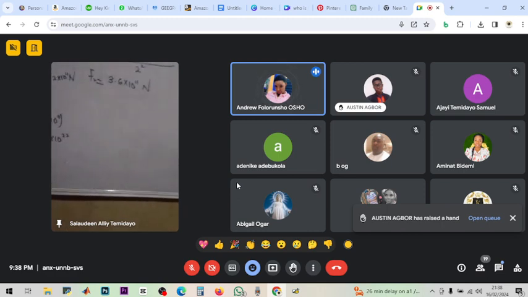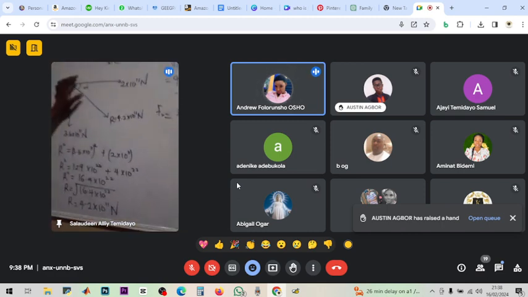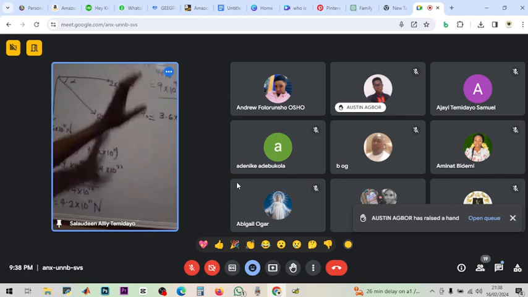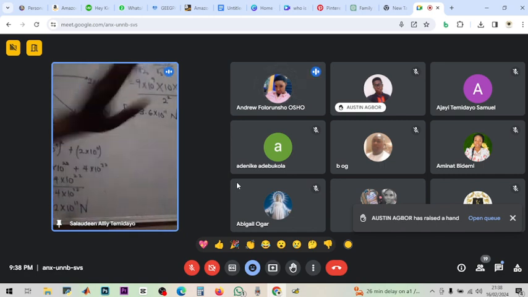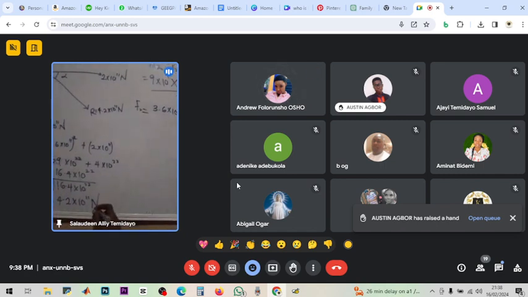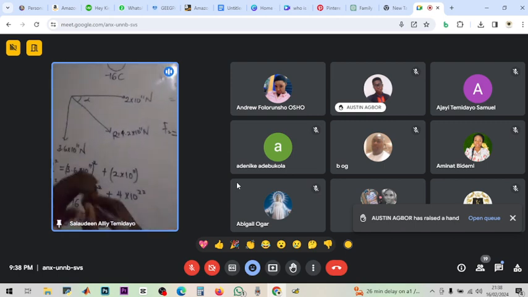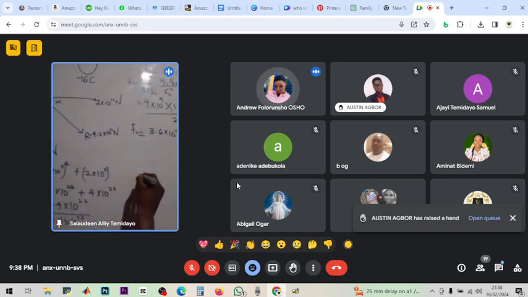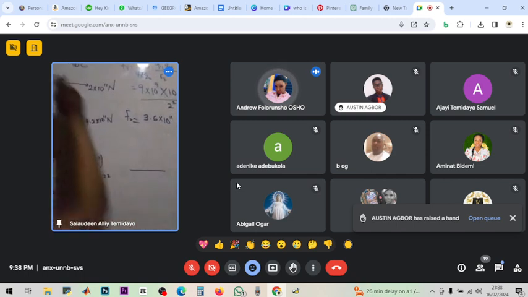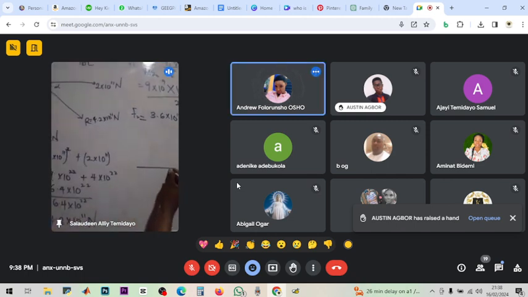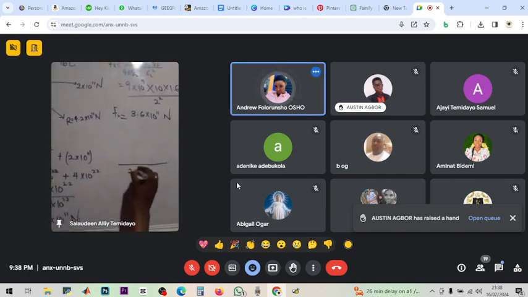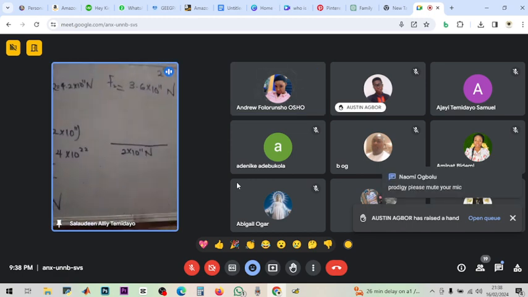Okay. So we have this diagram, and this diagram should be made a right angled triangle. This point should be the base. So what is the value? 2 times 10 raised to power 11 newtons.